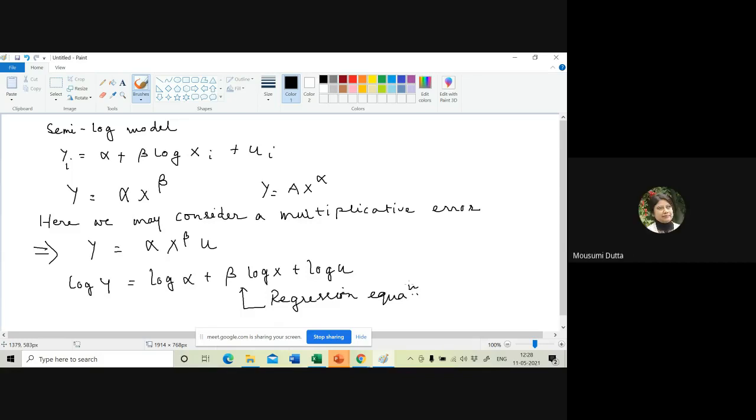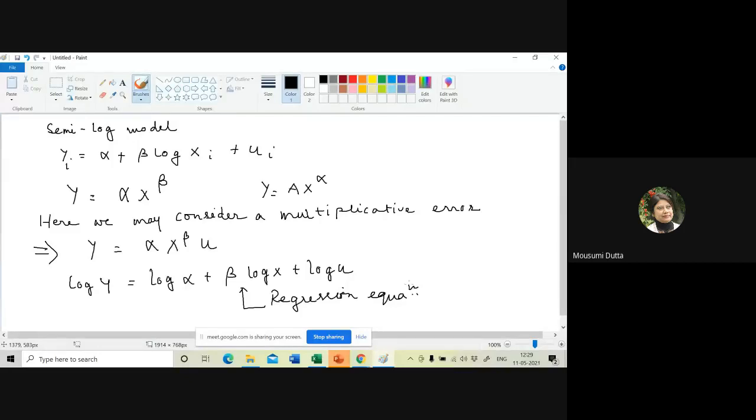These are questions on model specification, as I mentioned. Sometimes you will find that some functional form is given to you and you will be asked whether it is linear or not.